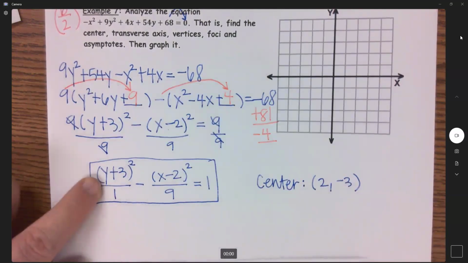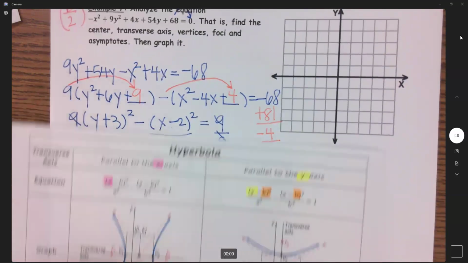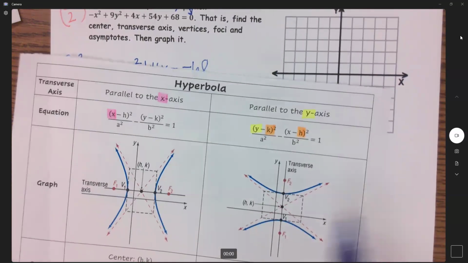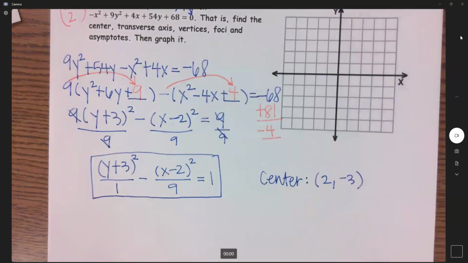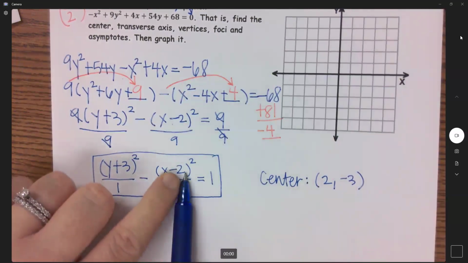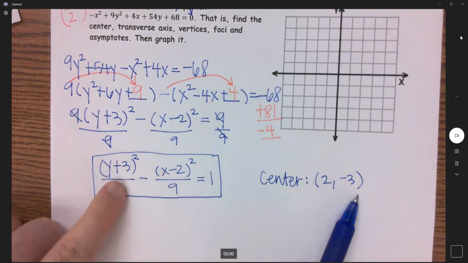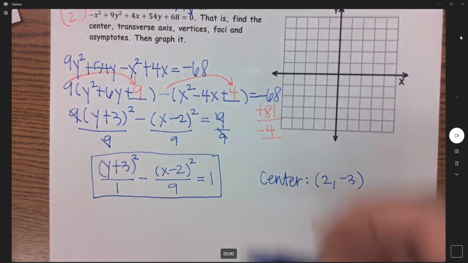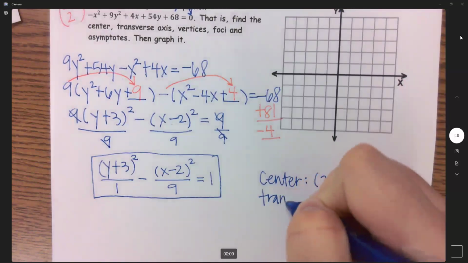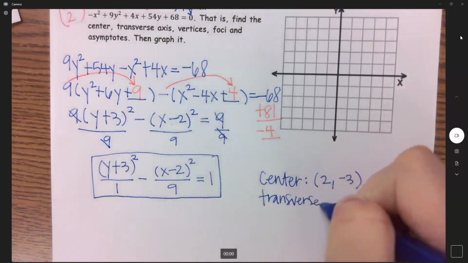Since my y is first, it is always h, comma k. So h is with my x, change the sign. My k is with my y, change the sign. So that's why I kind of like starting with the transverse axis. That kind of answers the next one.